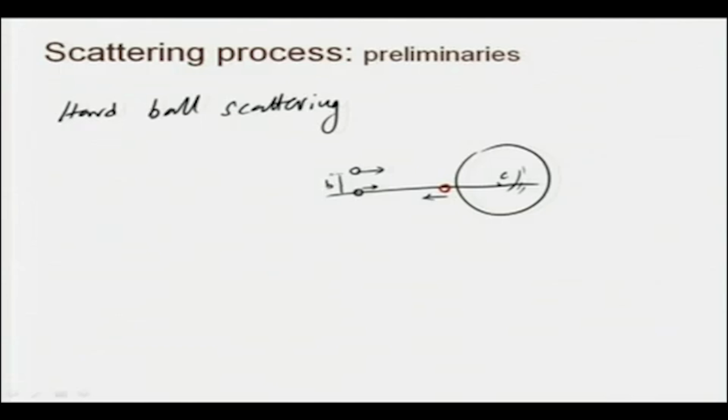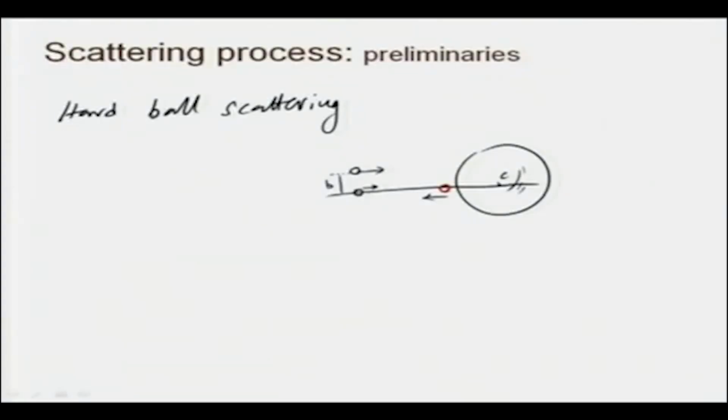This is the perpendicular distance of the bead from the line passing through the center parallel to the direction of motion of the bead.